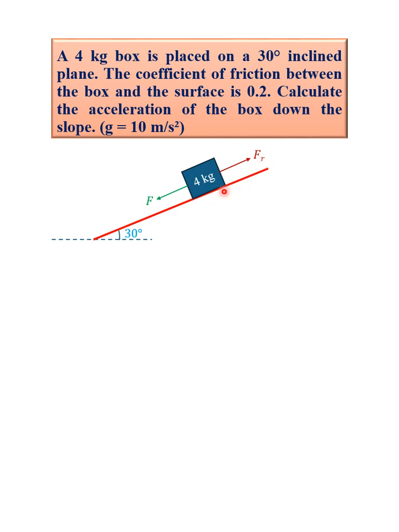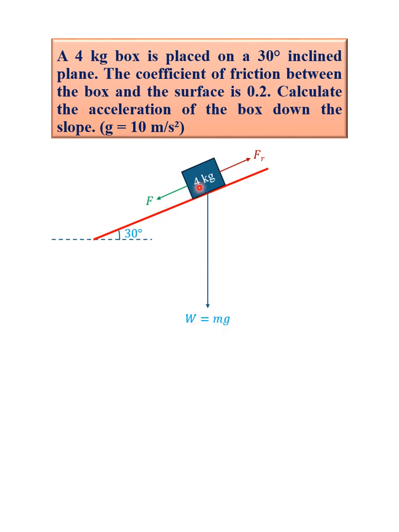Let's not forget that this object has a weight, and for every object, the weight acts vertically downward. So the weight of this object, W, acts vertically downward because acceleration due to gravity acts downward. The formula for weight is mass times acceleration due to gravity.